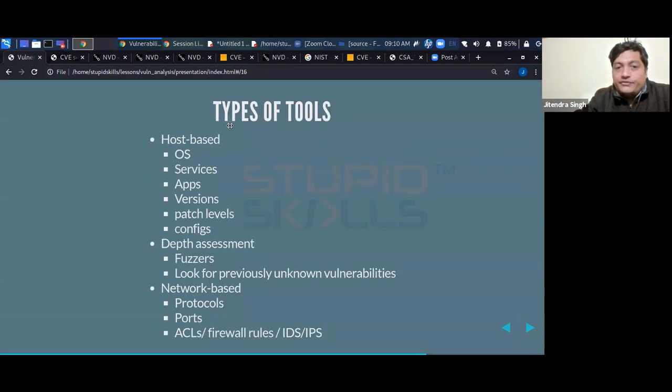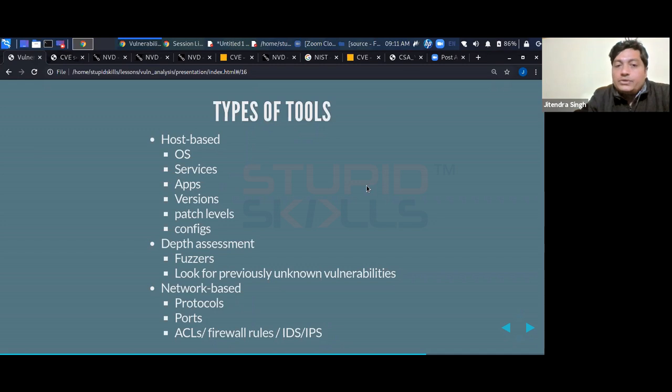As far as the types of tools that are there to do such an assessment, more or less they are scanners, and they can be host based. Or they can do some kind of a depth assessment by doing some fuzzing. They can create some fuzzy inputs, and you can use those fuzzed inputs to interactively find out the types of vulnerabilities which are there.